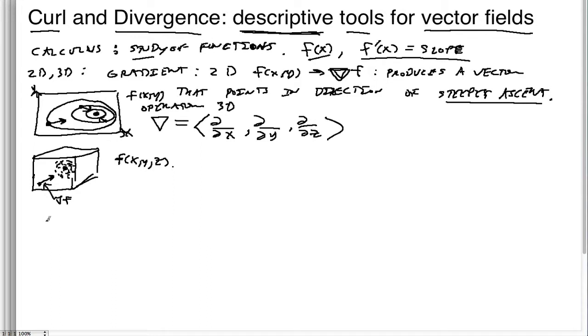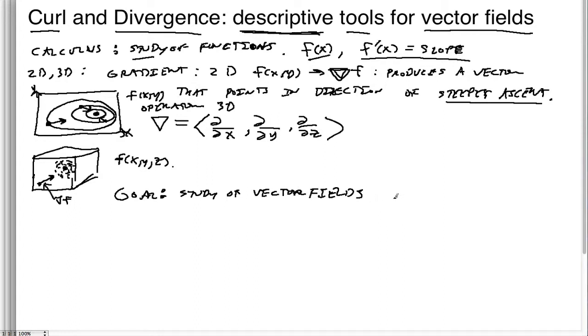So now our goal, what we've been studying in this course now, is a study of vector fields, right? So with vector fields, we're talking gravitational fields, electric fields, magnetic fields, things like that.